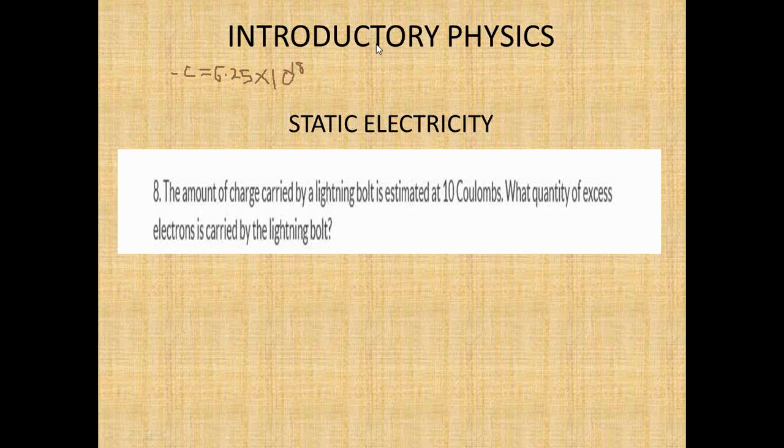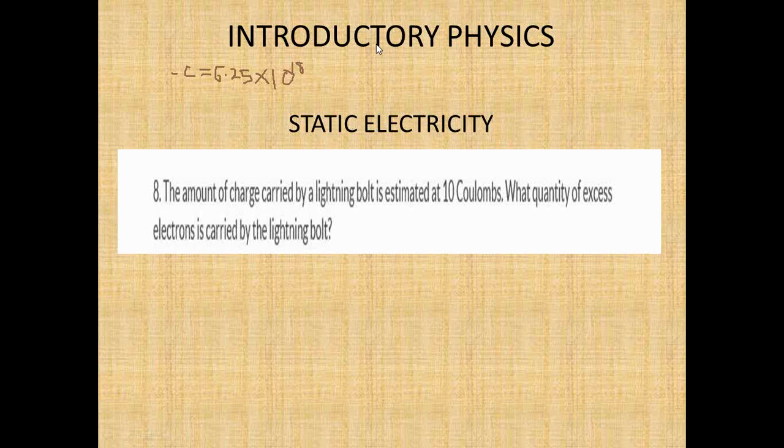That is the amount of excess electrons. If an object has a charge of plus 1 coulomb, it has a deficiency in electrons of the order of 6.25 times 10 to the power 18, or an excess of protons in that same amount.